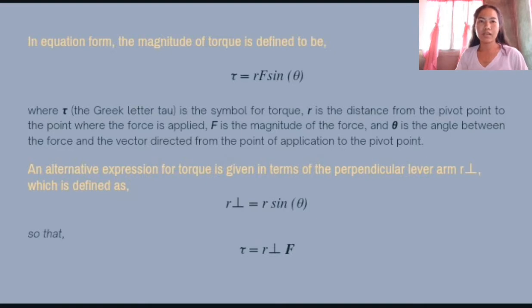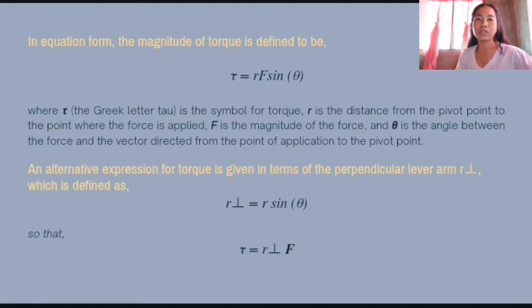F symbolizes the magnitude of the force. And theta is the angle between the force and the vector directed from the point of application to the pivot point.